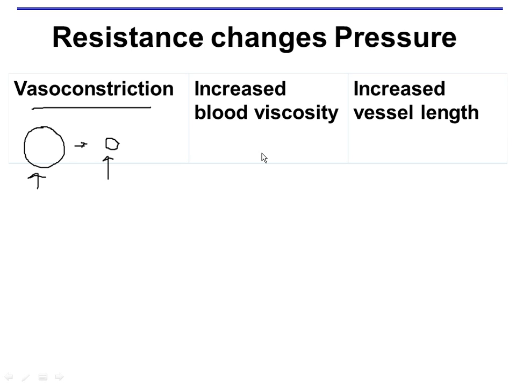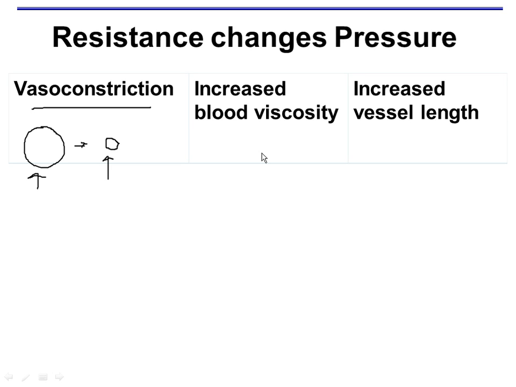The third way resistance is affected is by increasing the length of blood vessels. And I said in lecture, this is one of the reasons why obesity is related to hypertension. Because as someone gains weight, they're adding adipose tissue onto their body, which means they're adding blood vessels onto their body, and those blood vessels are getting longer and longer and longer.